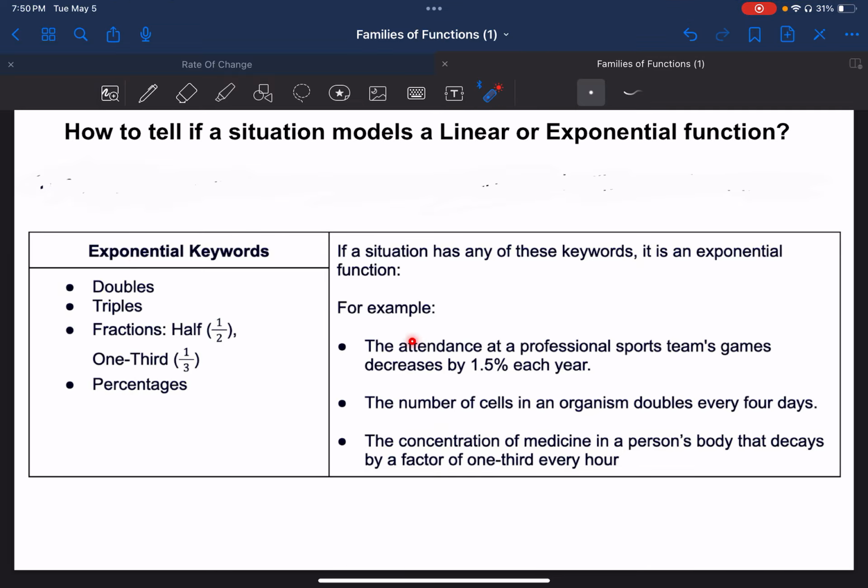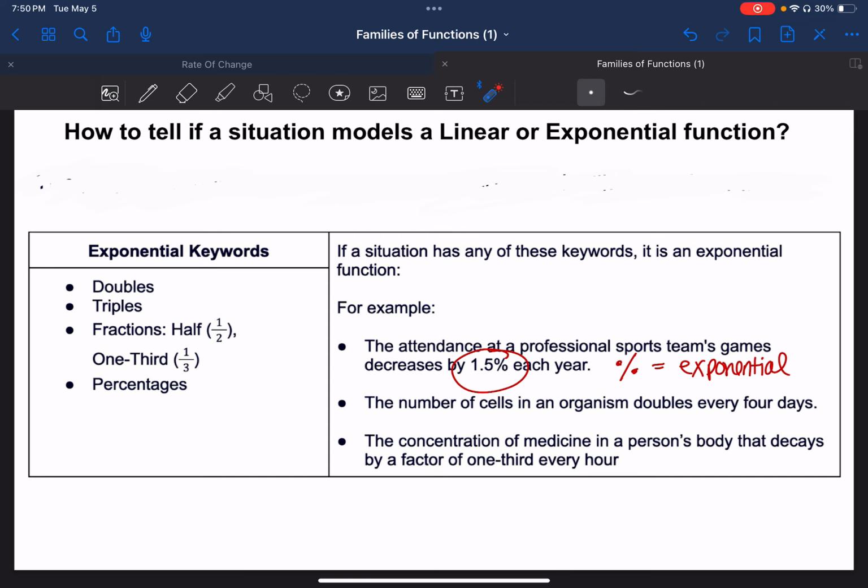So for example, the attendance at a professional sports team's game decreases by 1.5% each year. The fact that it's dealing with a percentage makes this exponential. Okay, so let me actually summarize this by saying a percentage means exponential.